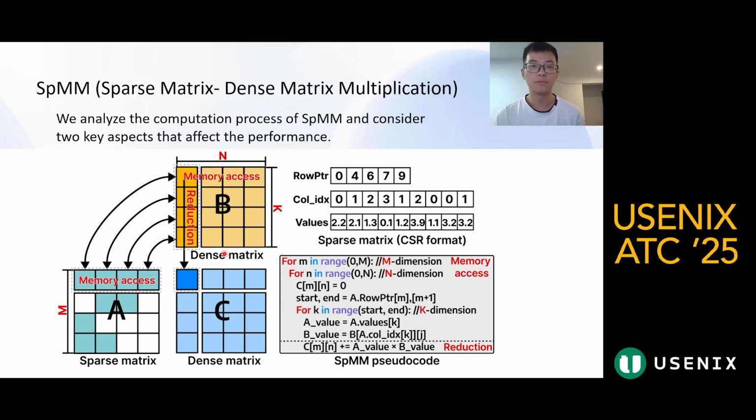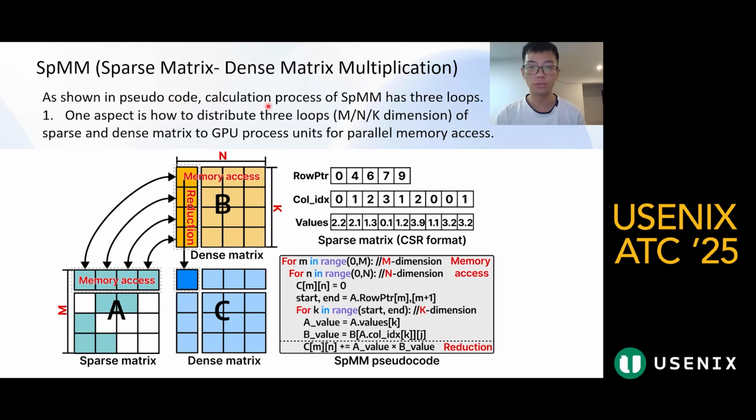The figure shows the calculation process of SpMM, the sparse matrix storage, and the pseudocode. Then we analyze the computation process and consider 2 key aspects that affect the performance. As shown in the pseudocode, the calculation process of SpMM has 3 loops.